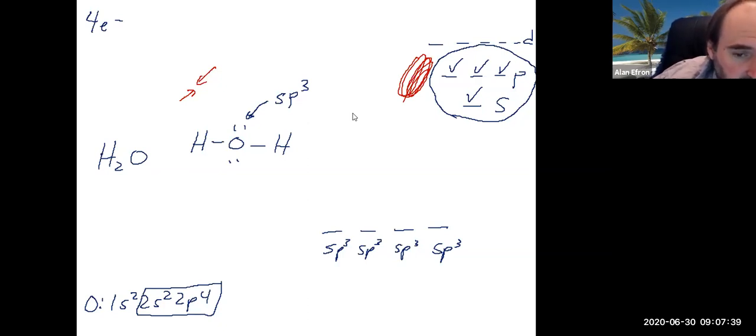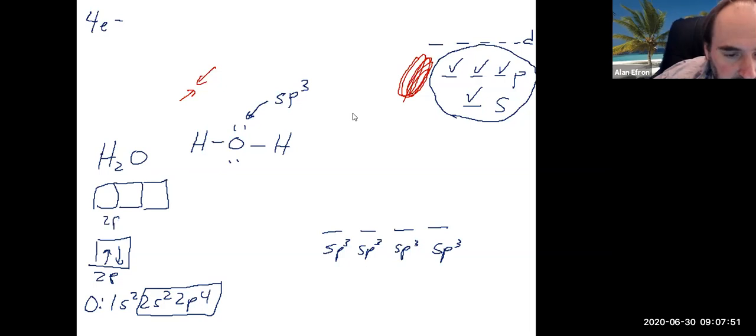Also means that if we were to draw its orbital diagram, we would have our 2s, which would have 2 electrons in it. We would also have our 2p orbitals, and it would have 4 electrons, which means up, up, up, and down, just like we would do with electron configuration.